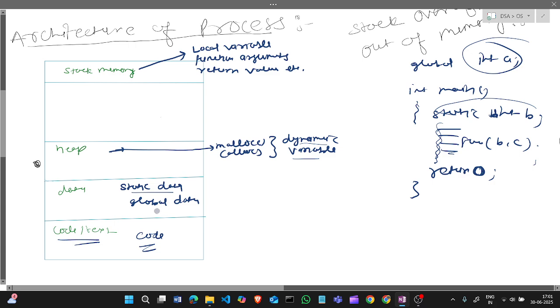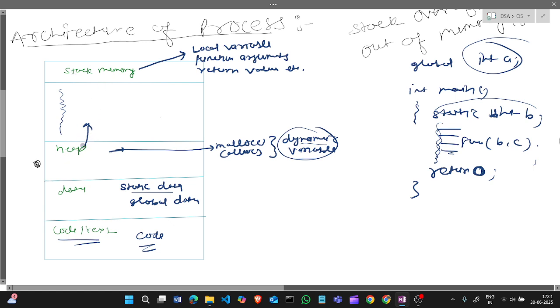Let's see, inside the heap, several processes' dynamic variables are coming one by one. So this will increase. This is the empty space between the stack and heap area.